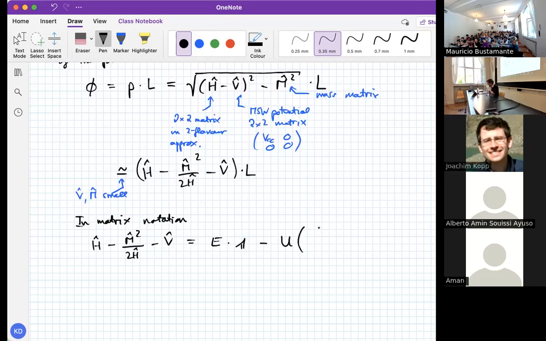This is the mixing matrix U times the diagonal matrix with m1 squared over 2E and m2 squared over 2E, times U dagger, and now minus the diagonal matrix describing the MSW potential.